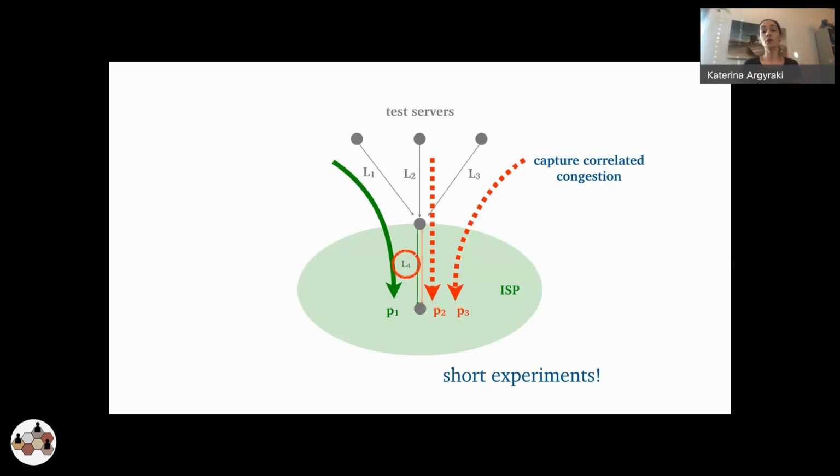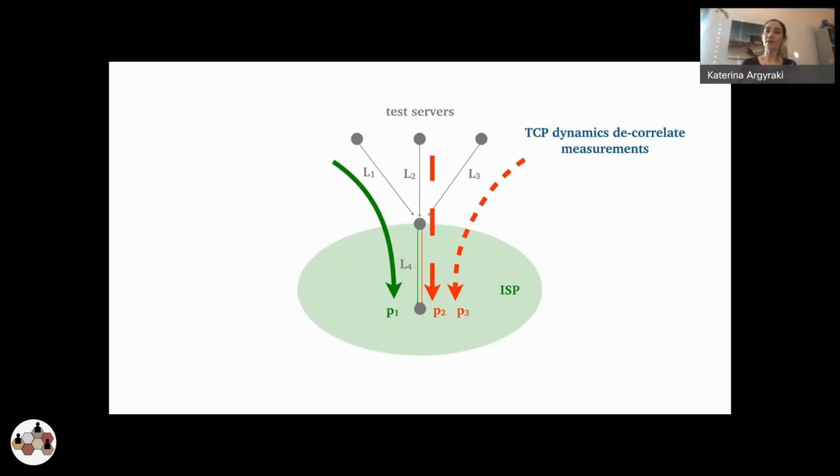So a few seconds, 10 to 20 seconds. That's short for the purposes of what we're trying to do. When we look at such time windows, it just so happens that TCP dynamics often decorrelate the measurements. So even if paths suffer congestion on a shared bottleneck, it doesn't happen at exactly the same time.